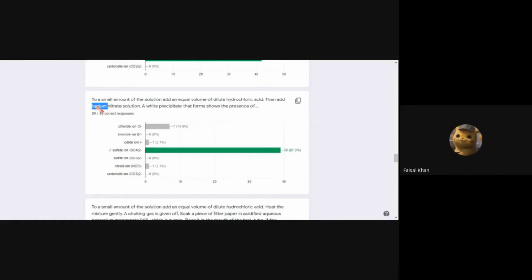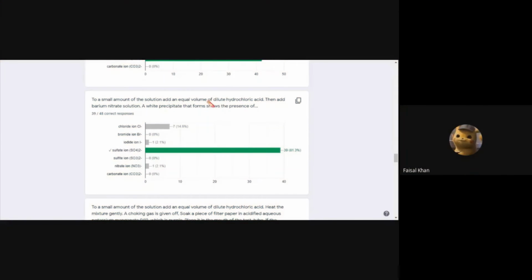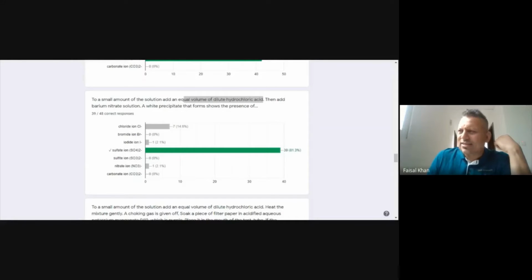Barium sulfate is insoluble, okay? And it would not make sense if you are adding dilute hydrochloric acid and then suddenly coming up with a positive test for chloride ions. Why would it not make sense to select chloride ions?